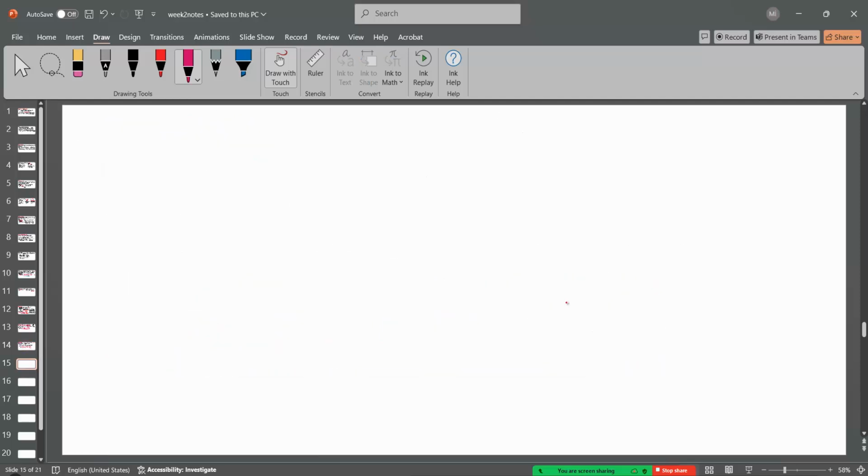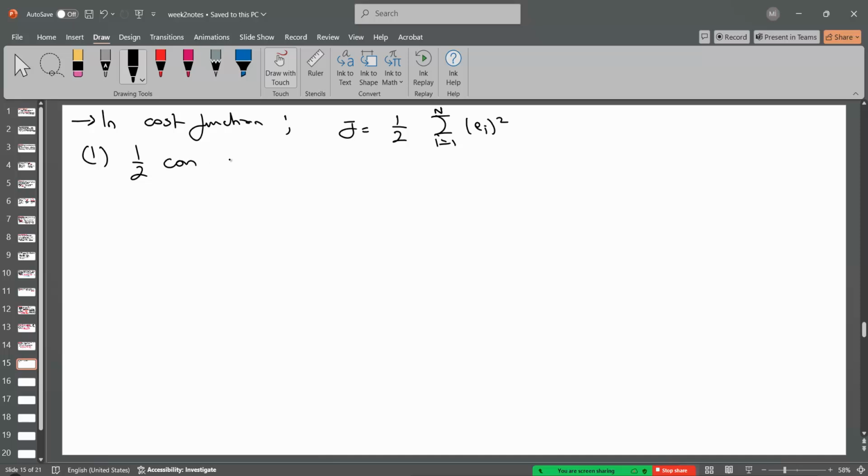There's no question. And then we will continue with some features in the cost function, just like this one, J is equal to 1 divided by 2, the summation from i = 1 to n of e_i squared. Okay, and first of all, 1 divided by 2 can be changed or removed here.